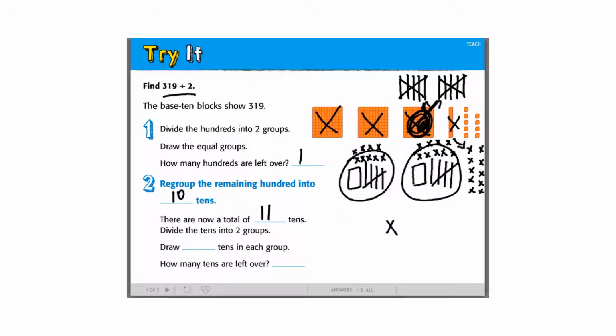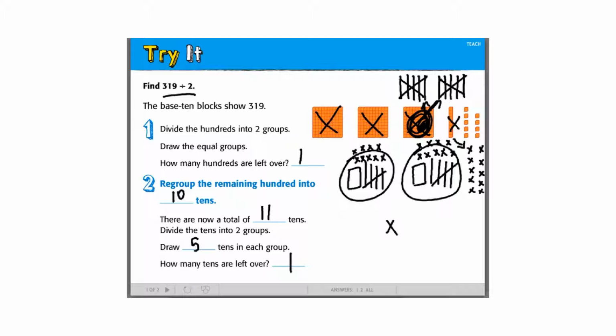We divided the tens into 2 groups, and we were able to fit 5 tens in each group, and we had 1 ten left over. So we drew the picture, and now we're going back through and writing in everything that we did throughout all those steps. Okay, now I get it.